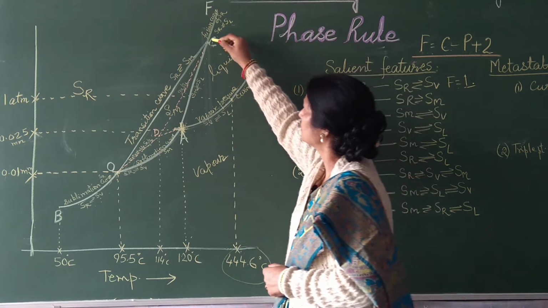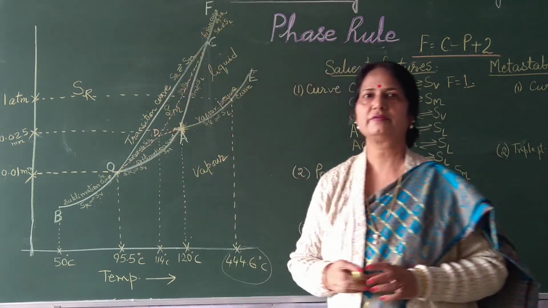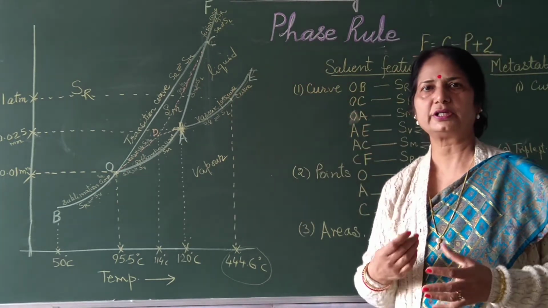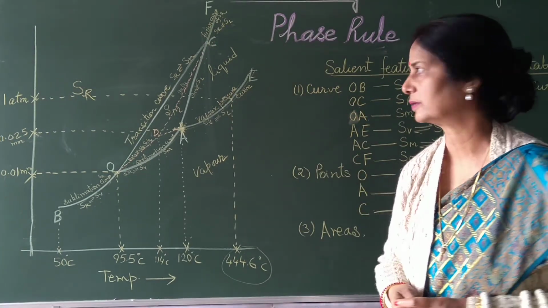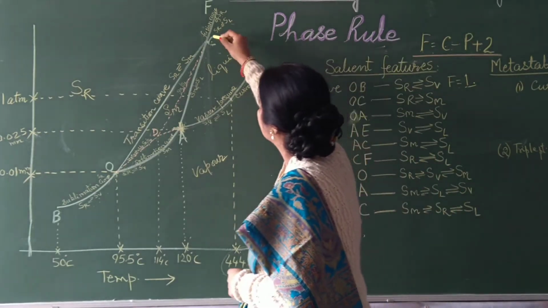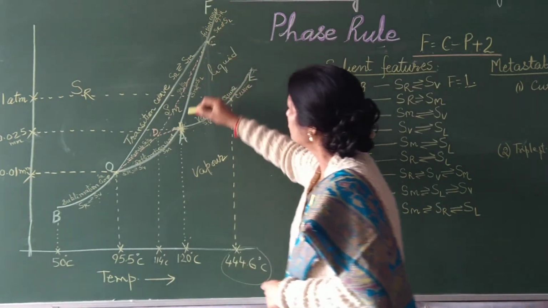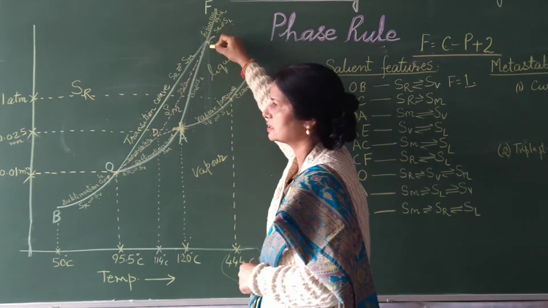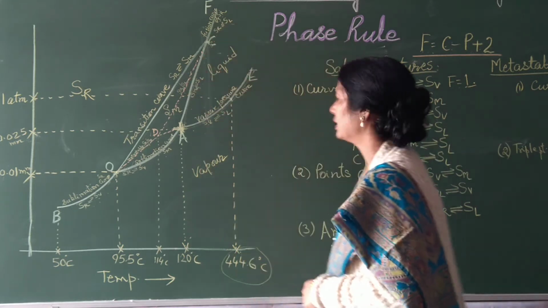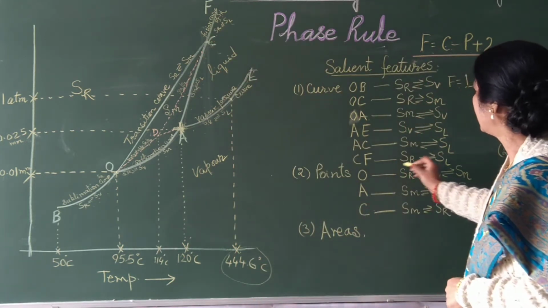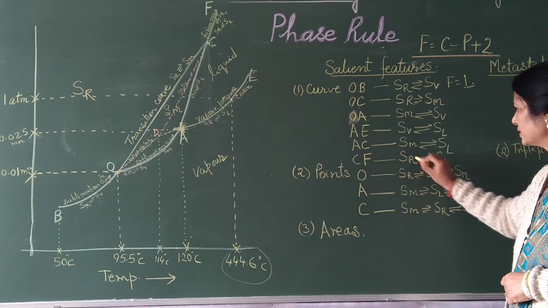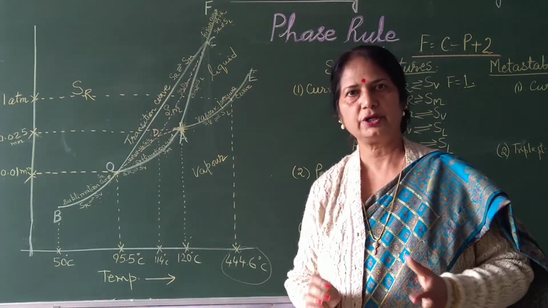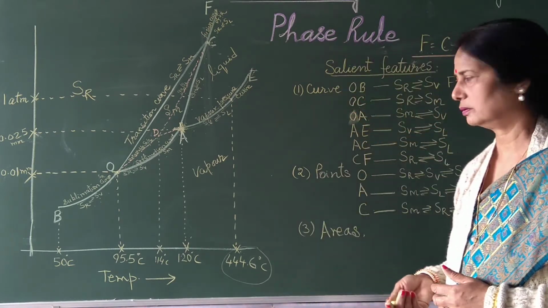Now comes this last one, the CF curve. Along it we have the rhombic sulfur on this side and the liquid sulfur on that side. So it is the fusion curve of rhombic sulfur. This was the fusion curve of the monoclinic sulfur, and this is the fusion curve of the rhombic sulfur. The two phases in equilibrium along this curve are the rhombic sulfur and the liquid sulfur, and the degree of freedom will come out to be 1.